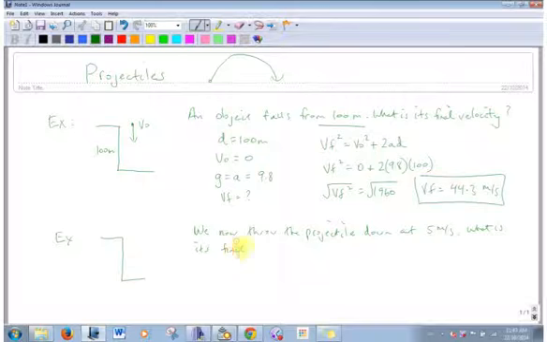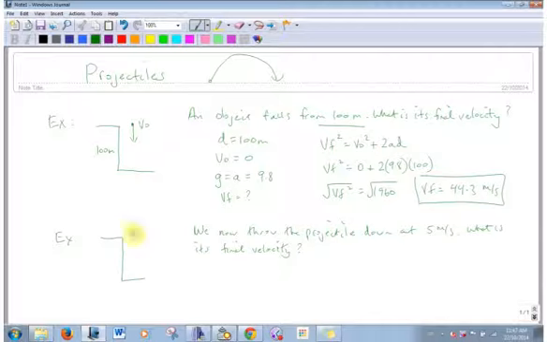What is its final velocity now? Good guess, though. But what do we expect? Common sense here. Is it going to be greater than this number? We would hope so, right?